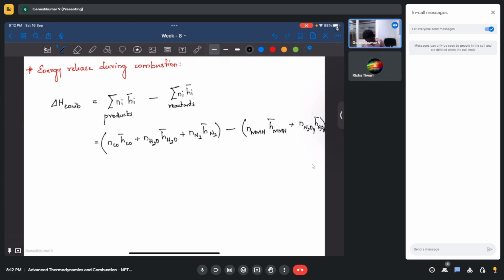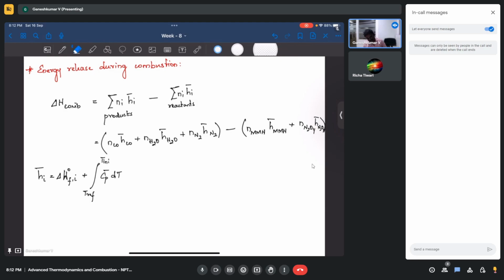What are these enthalpies? The molar enthalpy of any species can be written as, you remember, H is equal to delta HF of i, the formation enthalpy at 298 Kelvin, plus the sensible enthalpy, which will be from 298 Kelvin to the initial temperature, integral of Cp dT.